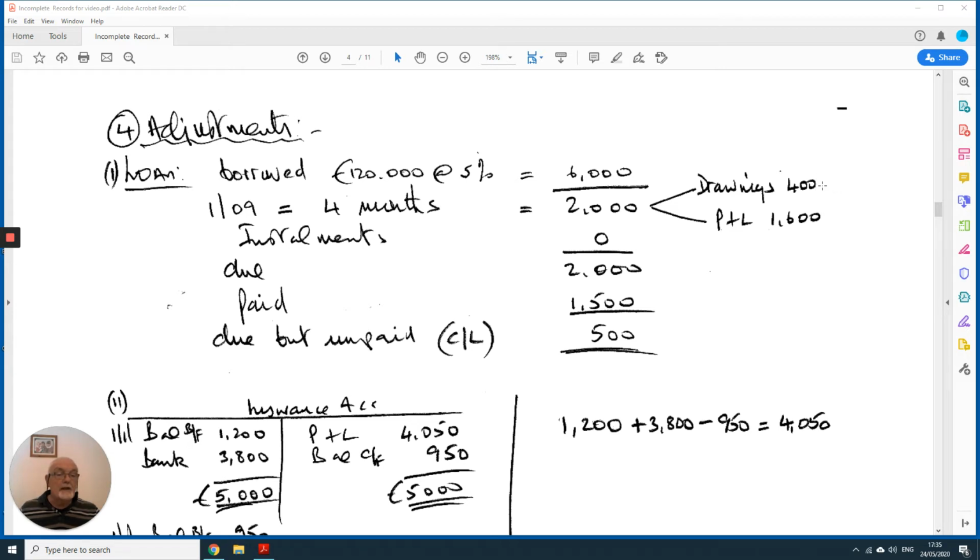And the remaining 80%, the 1,600, is charged to the business, and that will go in as a profit and loss expense. As we said, we're not making any installments, so that's 0. So the amount due to service the loan is 2,000, and the question tells us that we paid 1,500. So there remains 500 due but unpaid, and that will go in our balance sheet as a current liability.